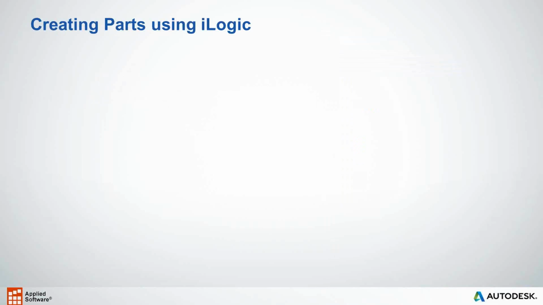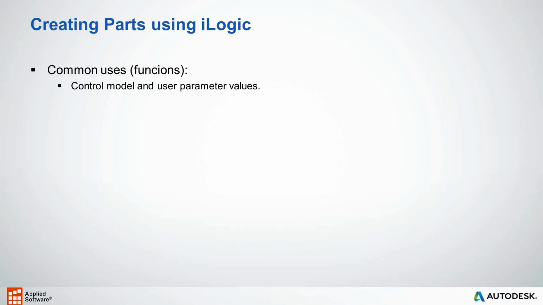Next, I want to show you some of the examples of what iLogic rules can accomplish. So common uses, we can control model and user parameter values. We can activate part and assembly features, assembly components, or assembly constraints.